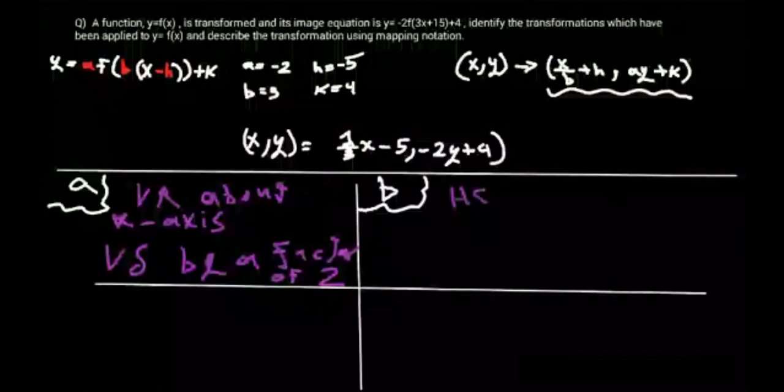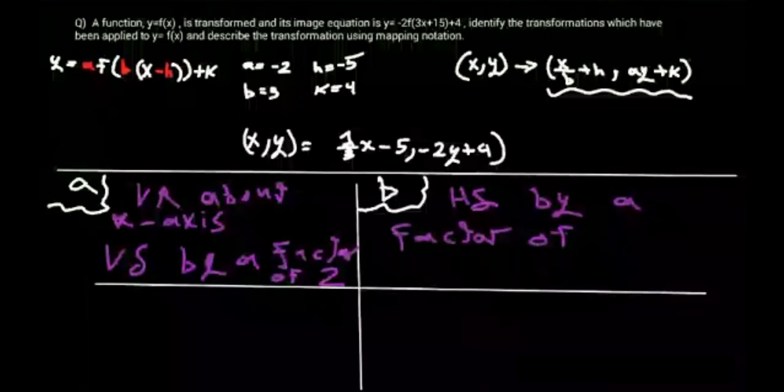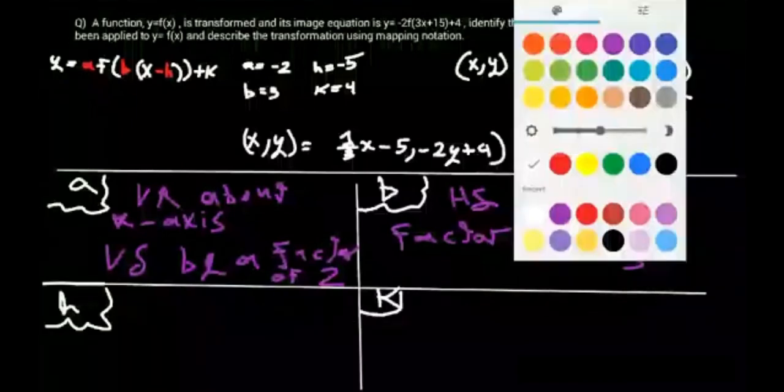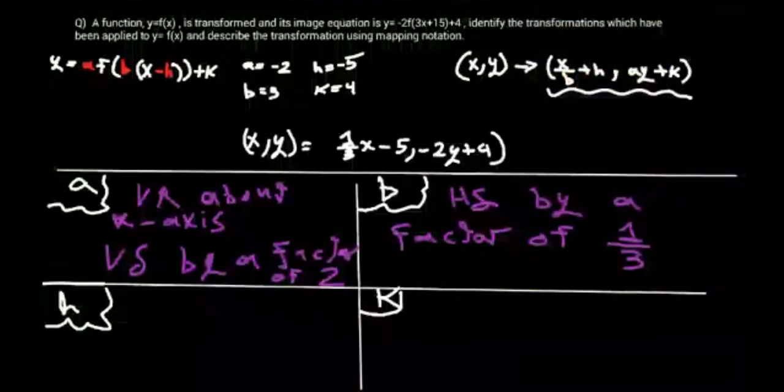So we say horizontal stretch by a factor of 1/3. And now for h and k, so we know that these are horizontal and vertical translations.